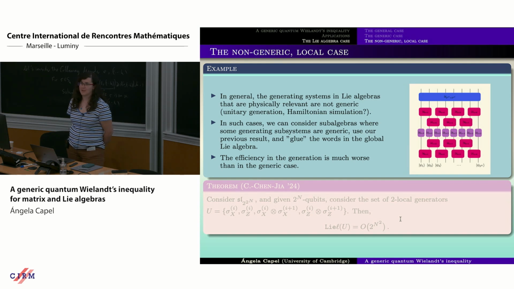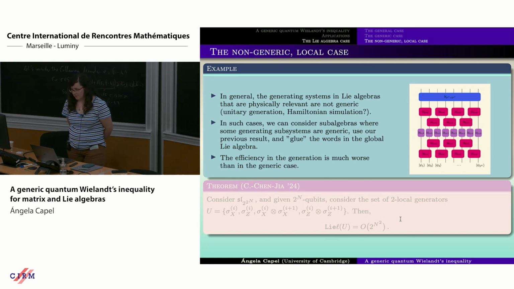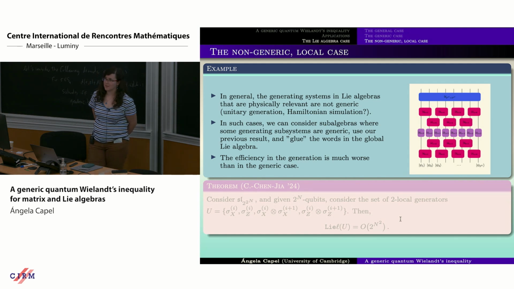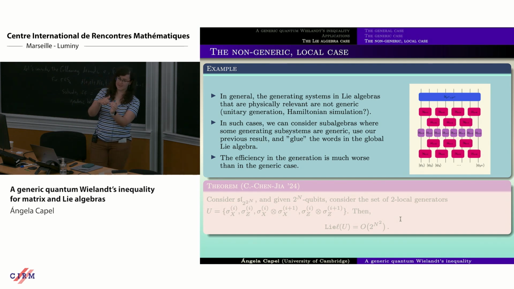Because if we are doing Hamiltonian simulation, for example, and we want to simulate our Hamiltonian with a bunch of gates in a quantum circuit, these gates are very much non-generic, right? Because they are local and then they are tensored with an identity. So this is really not generic. This is a bit problematic because, of course, this means that all the results that I mentioned before are totally useless in that context. However, what is not so useless is to look at each of these gates separately and at the subalgebra that generates each of these gates separately.